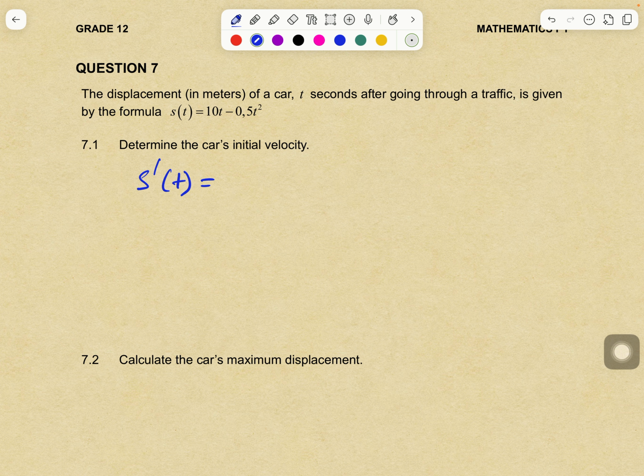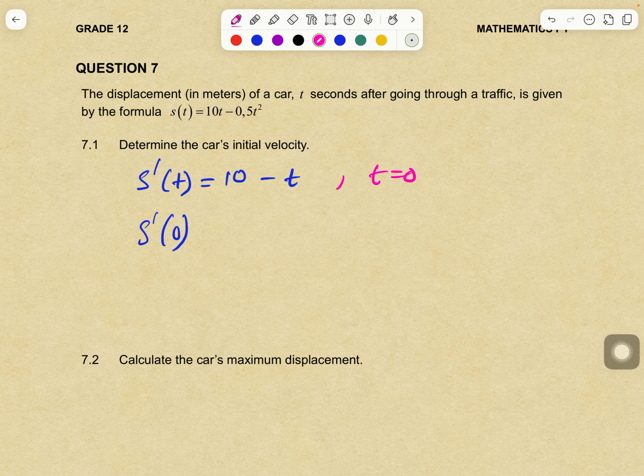We're going to derive the displacement, which gives us 10 minus t, because 0.5 times 2 is 1. And then they want the initial velocity. That means it's going to be s prime at 0. Initial means 0, so t is equal to 0, unless they tell you otherwise.